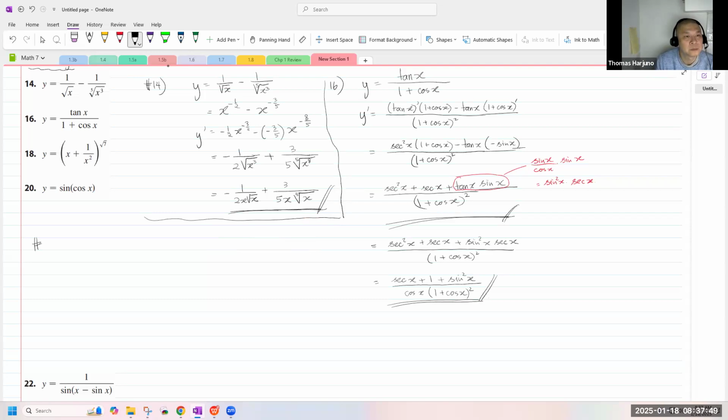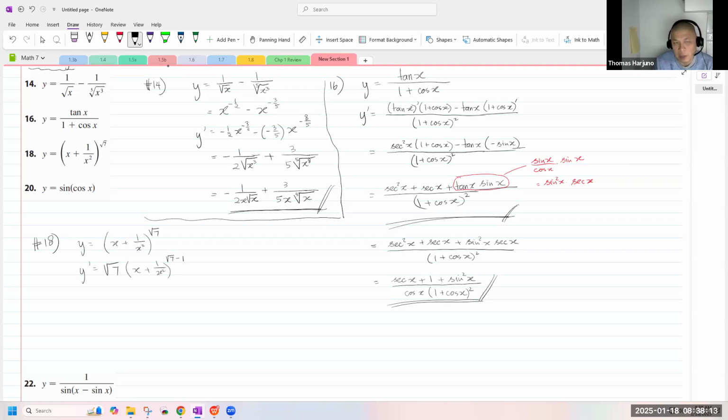Number 18. y equals x plus 1 over x squared to the power of square root of 7. Now this is chain rule, u to the square root of 7. So y prime will be square root of 7 times x plus 1 over x squared to the square root of 7 minus 1.